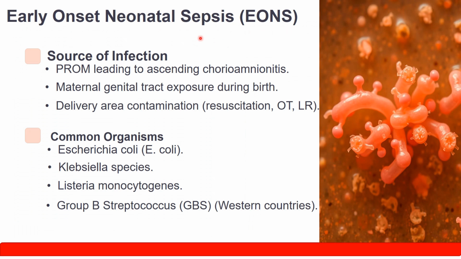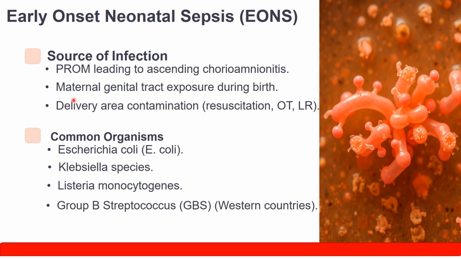Now let's discuss the main two types of sepsis, that is early onset neonatal sepsis and late onset neonatal sepsis. So early sepsis, the source of infection will be prolonged rupture of the membrane leading to ascending chorioamnionitis. Chorioamnionitis is infection of the amniotic fluid and the fetal membrane, which is chorion and amnion, due to the bacterial ascent from vagina due to prolonged rupture of the membrane.